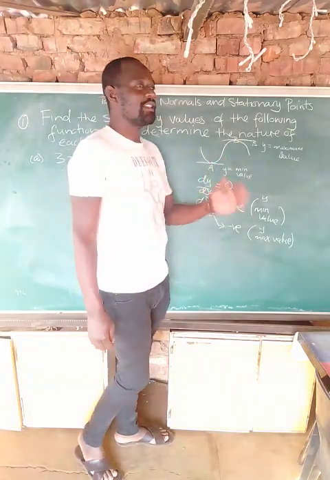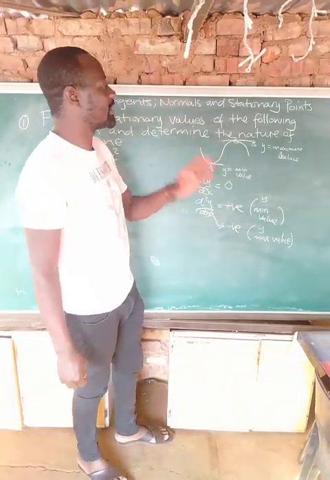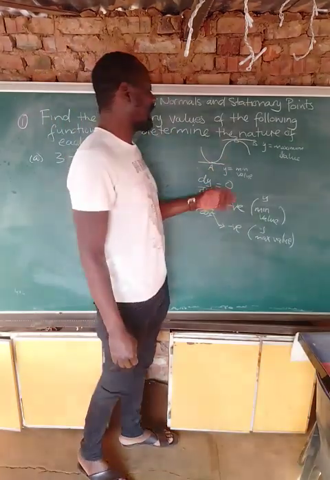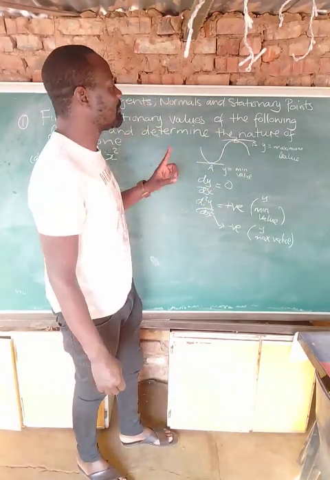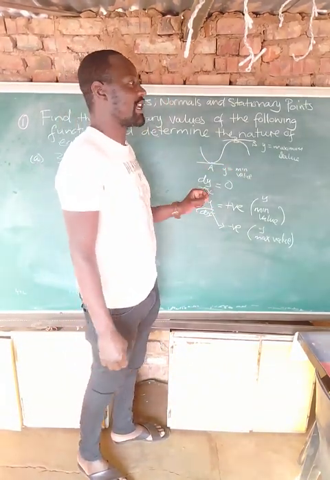So we find the first derivative, then we equate it to 0, then we find the coordinates at that point. That means we are having a stationary point.